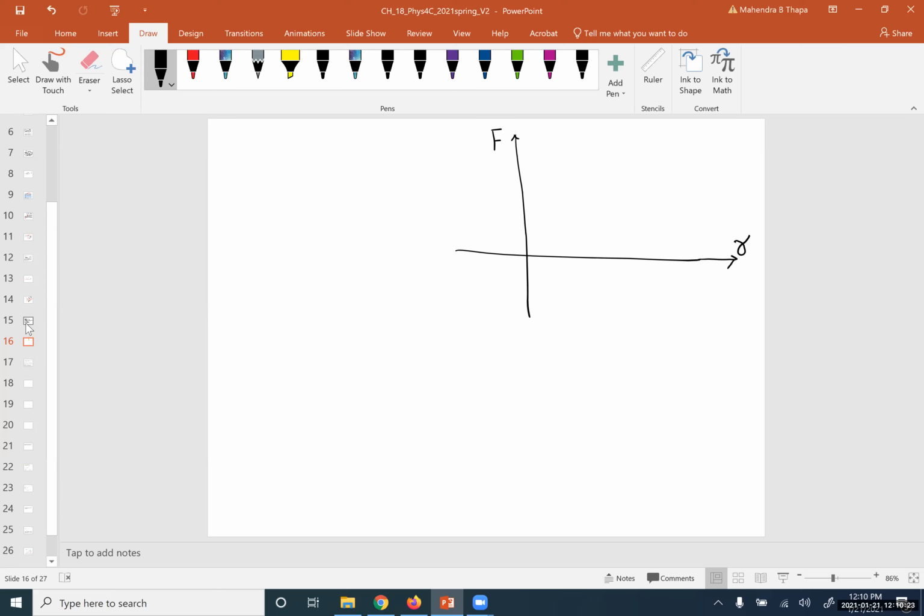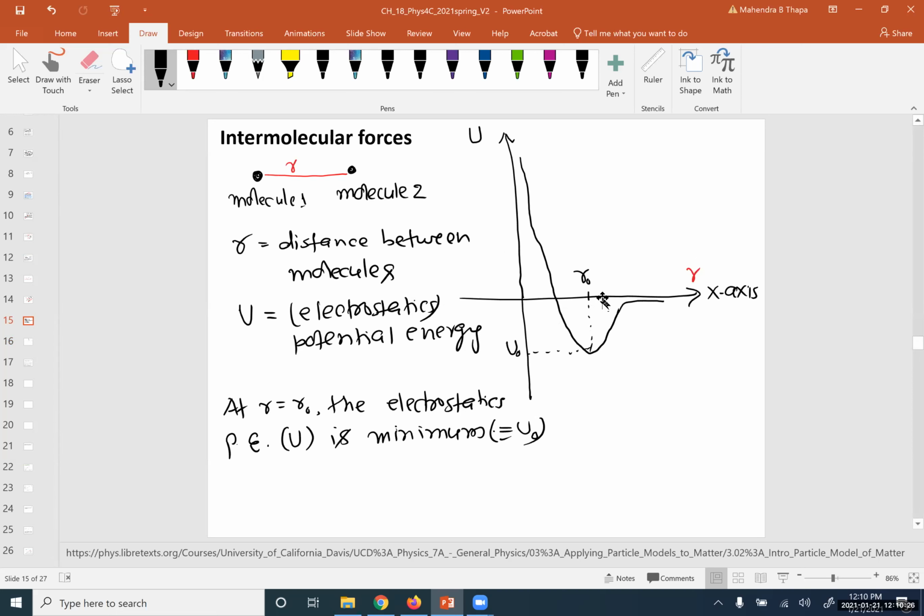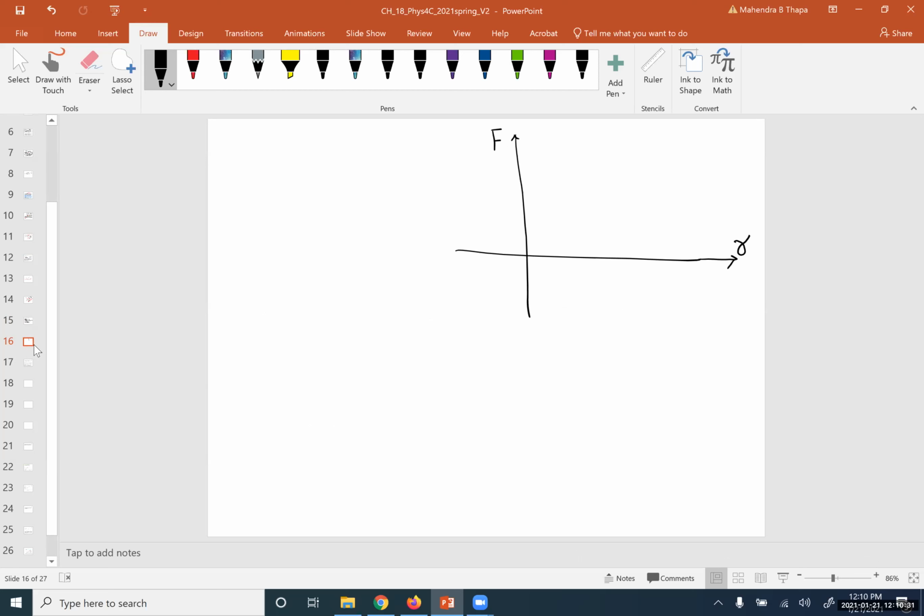Based on the previous plot, the lowest possible potential energy is U naught. At distance r naught, same as before, the force value is 0.